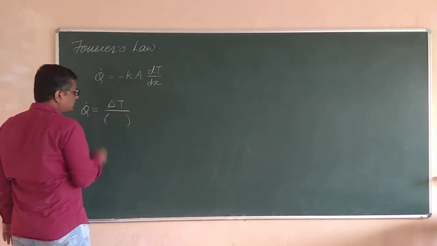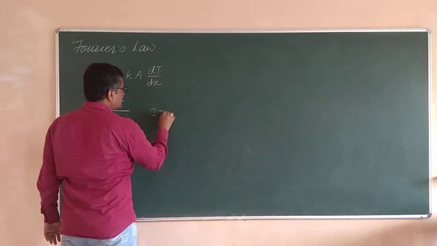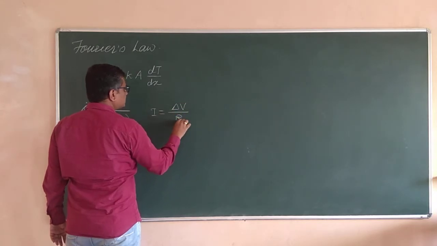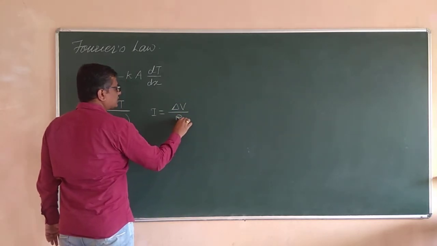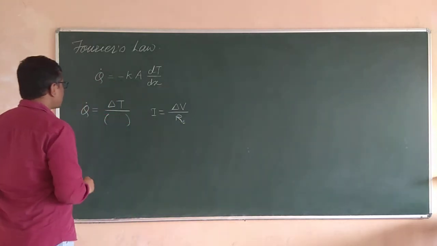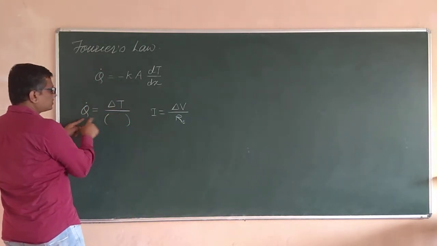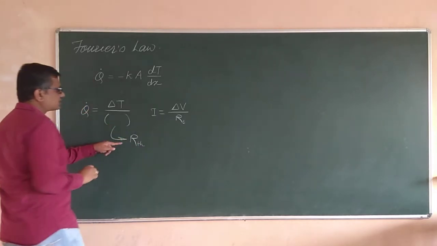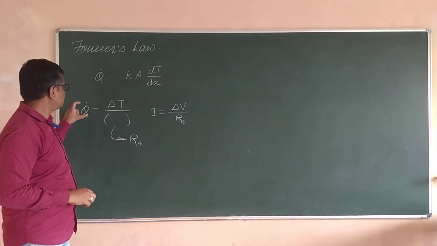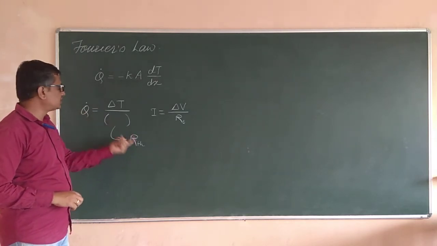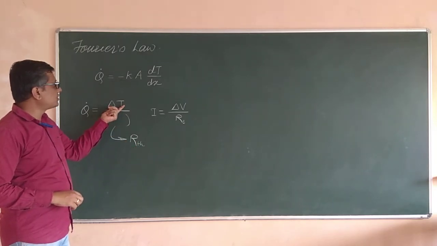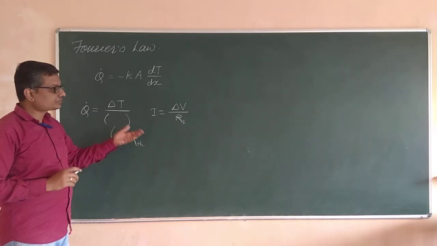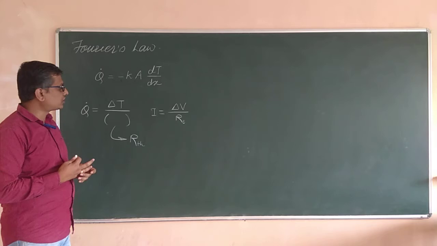Now if I compare this equation with the equation of current, which is equal to change in voltage divided by the resistance R, the electrical resistance R_E, then whatever term comes into the denominator of this equation must be R_TH, which represents the thermal resistance for the flow of heat, as this heat flow rate is inversely proportional to the thermal resistance, and this delta T is the driving potential, the driving force for the flow of heat. So this is the concept of the electrical analogy of heat transfer.